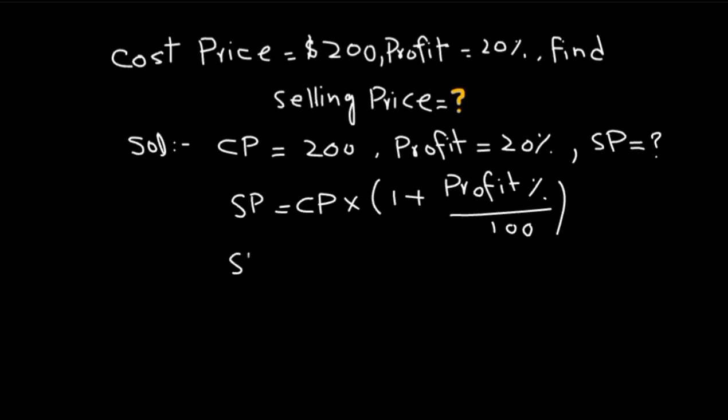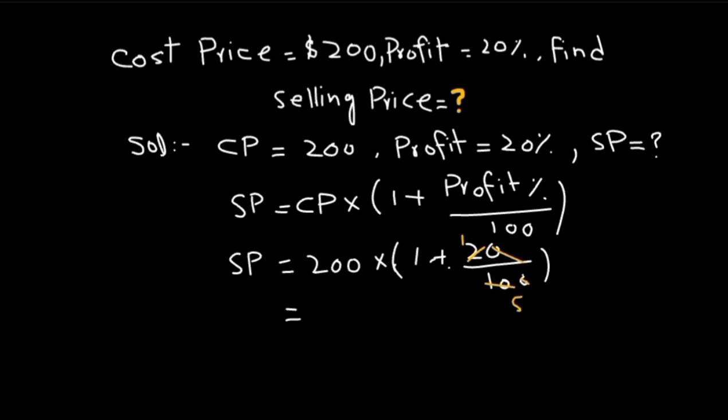Now we put the values in the formula. So cost price we have 200 multiplied by 1 plus 20% over 100. Now when we simplify it, we cancel out 0 with 0, and 2 times 5 is equal to 10.